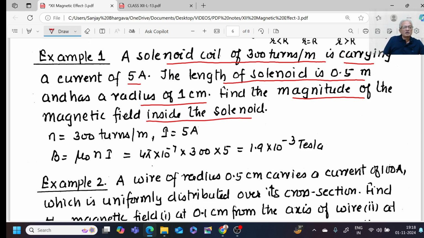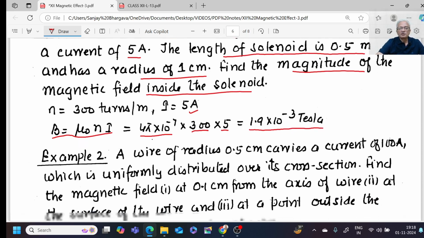So the magnetic field inside the solenoid, B is equal to mu 0 n I. Small n represents number of turns per unit length, and that is given as 300 turns per meter. I is given as 5 ampere. Mu 0 is 4 pi into 10 raised to power minus 7, n is 300 and the current is 5.